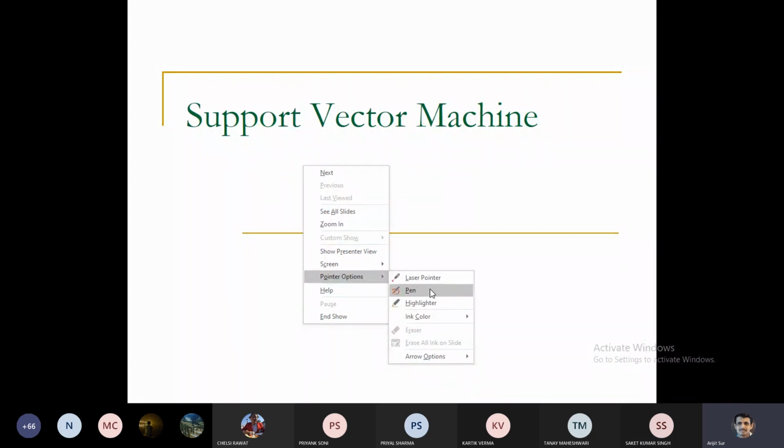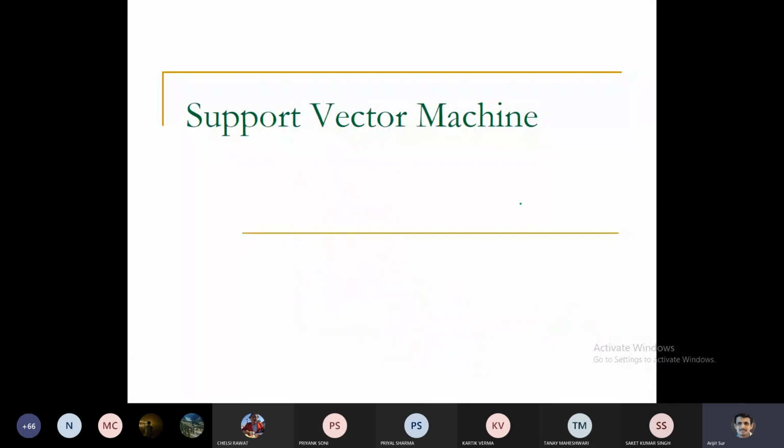So the last class we discussed overfitting, and now today we'll start some more machine learning approaches under the supervised setting.